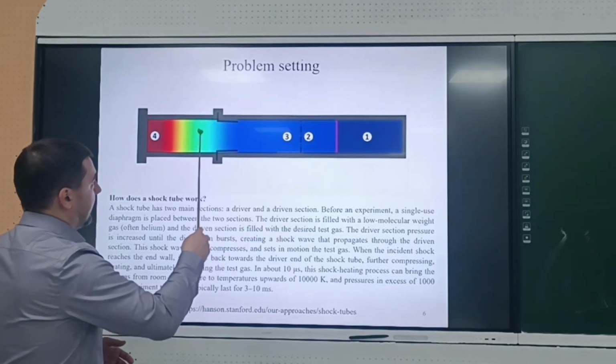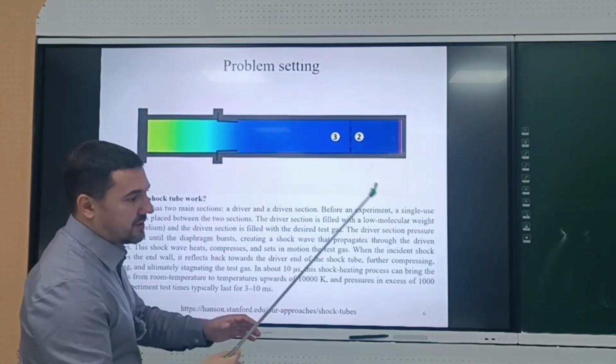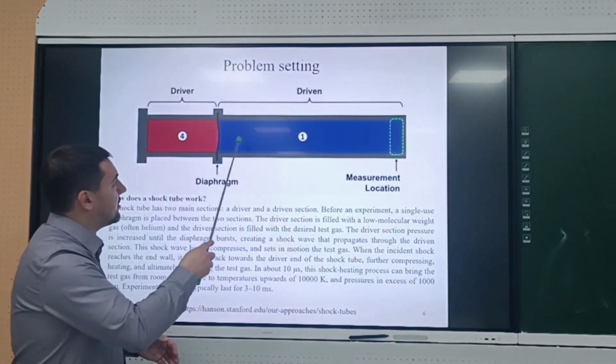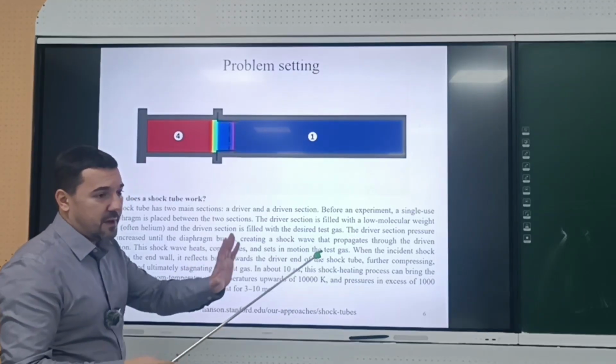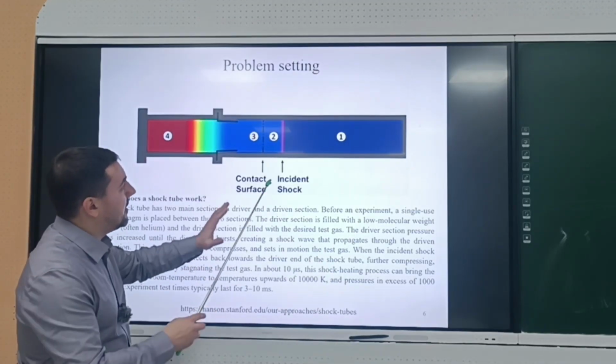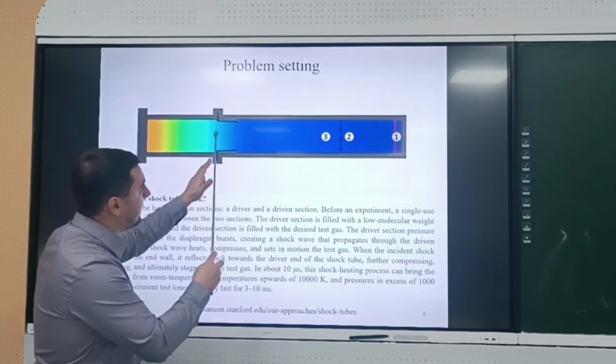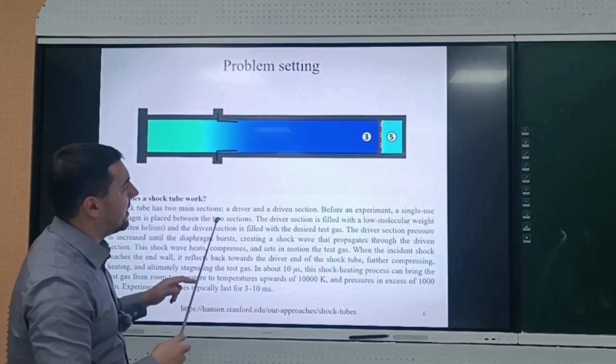In fact, you have some multidimensional process of opening of your diaphragm, and there are multidimensional effects. And for sure, your shock wave will not be a planar one. So it will be planar only at some distance after the diaphragm.